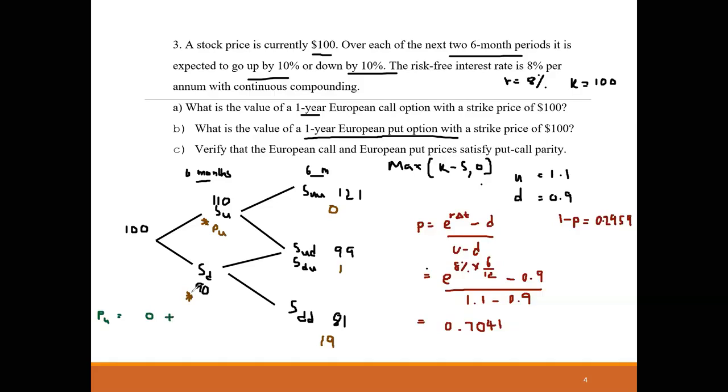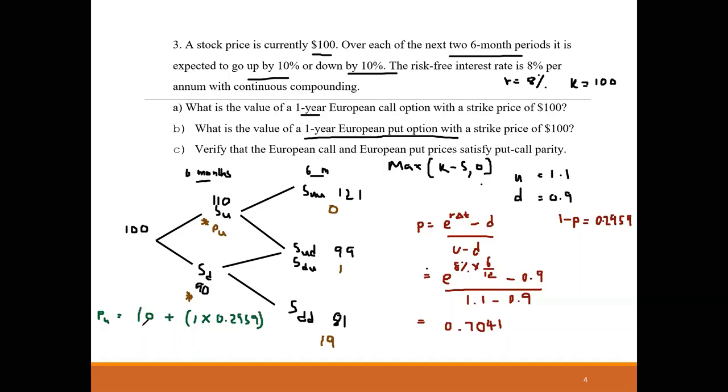Plus, if it goes down, the payoff is 1. But the chance of it going down is only 0.2959. So you will multiply this by 0.2959. So this is the expected payoff, but we need the expected payoff at this point in time.